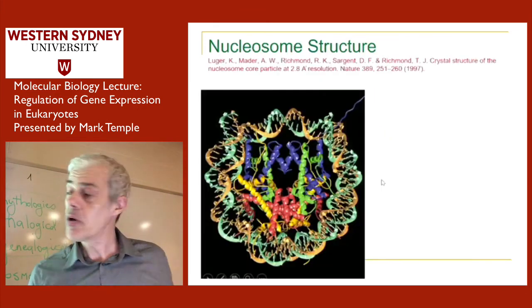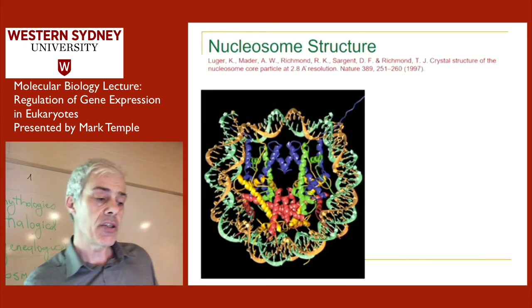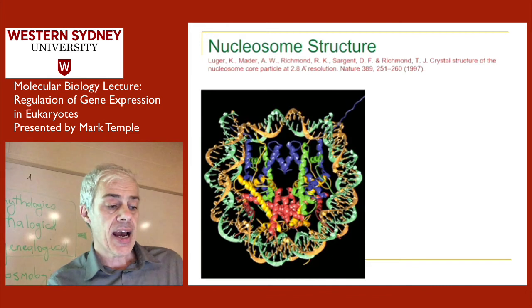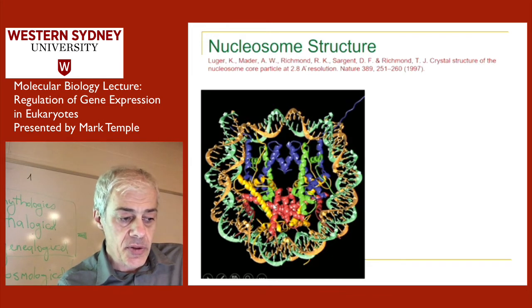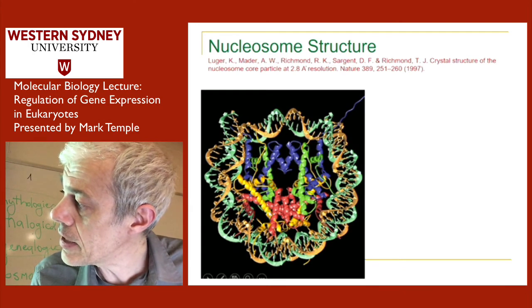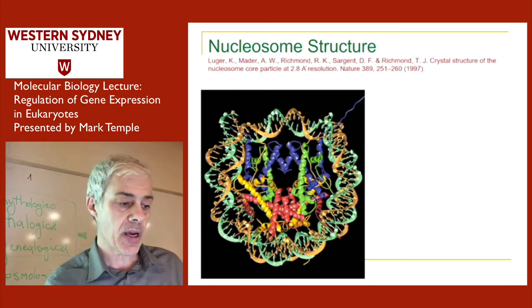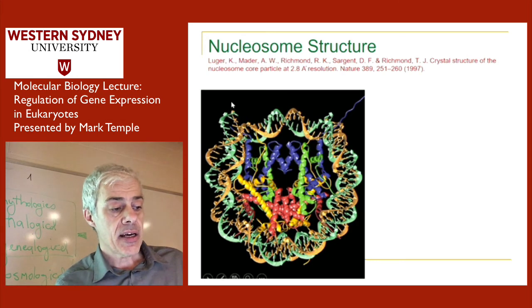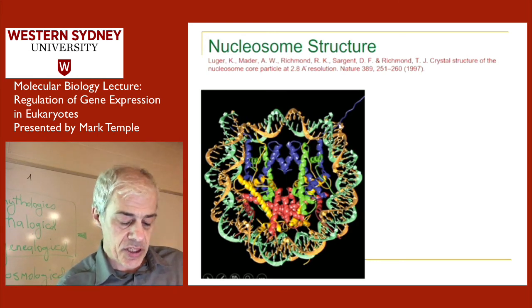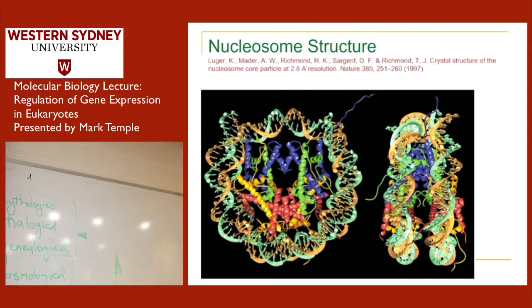Okay, so this is the X-ray crystallography structure of a nucleosome, and in the center here you'll see your 8 proteins. There are probably 4 colors here indicating 4 proteins, and each one occurs twice. So there's your 8 proteins here. I've got a side view as well. This is taking that structure and flipping it on its side.